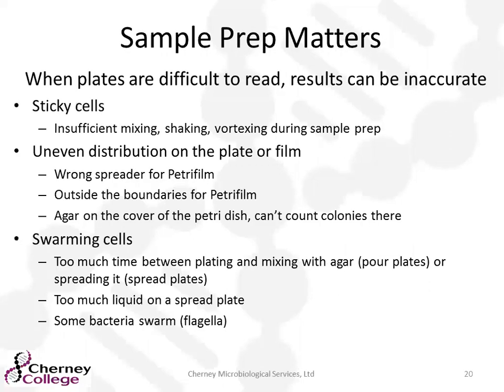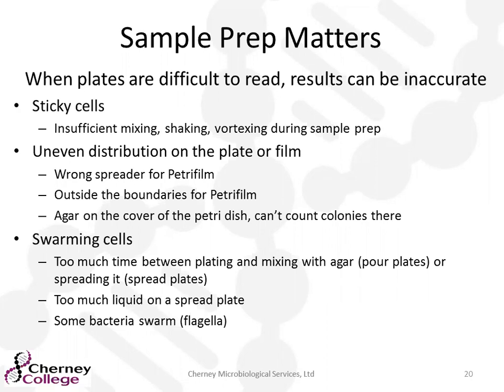So we talked about the dilutions. Sample prep is really going to play a big role in what results we get as well. Our sample prep looks at 3 big things to make sure that we're staying away from them. The sticky cells. So we want one cell to create one colony forming unit.